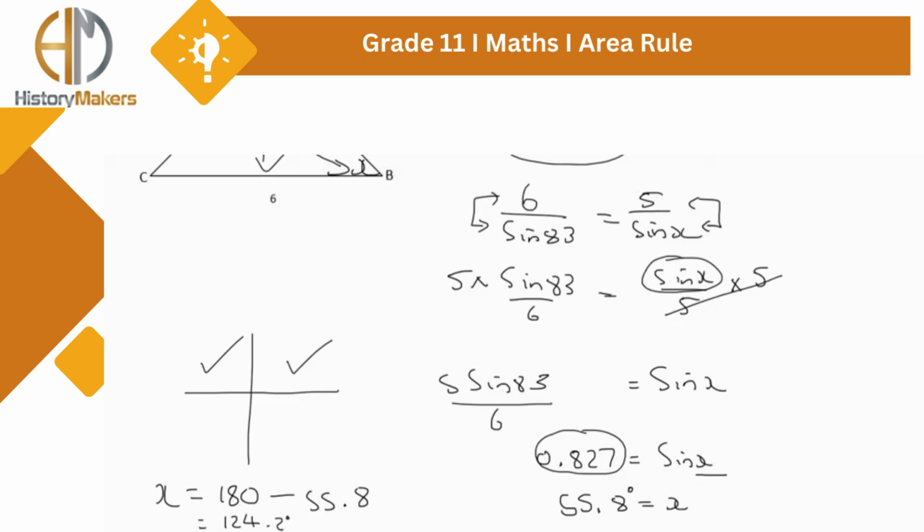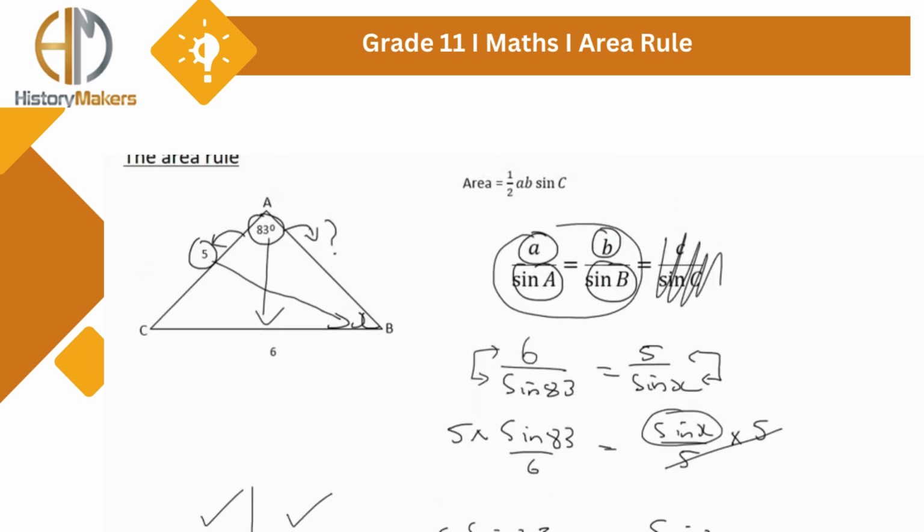Now we go up to our diagram, and we see that 124 is not possible, because if x is 124, then the angles in the triangle are going to go above 180 degrees. And so we don't need to worry about the ambiguous case for this one. And so x is going to be 55.8 degrees.